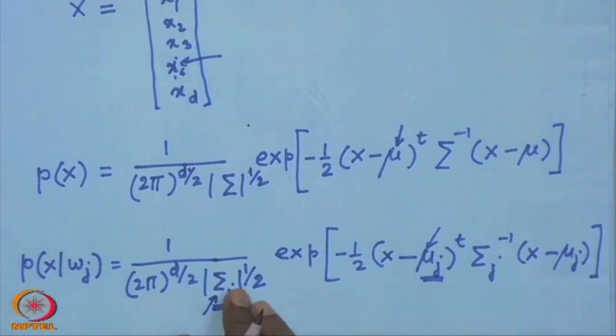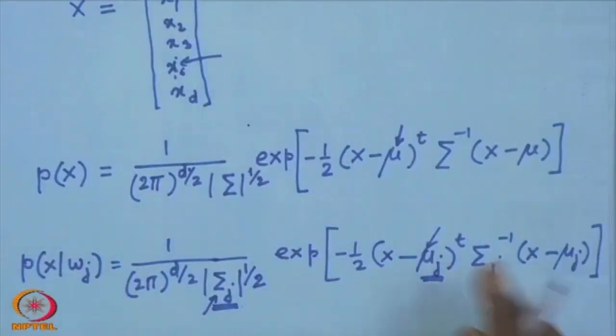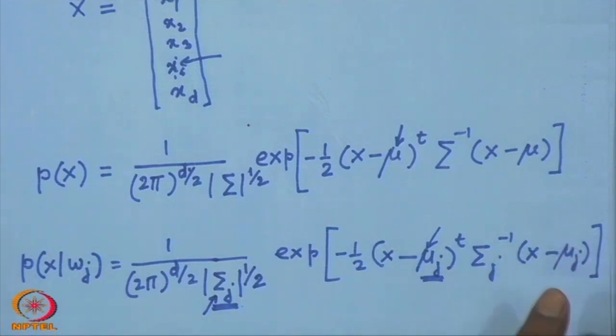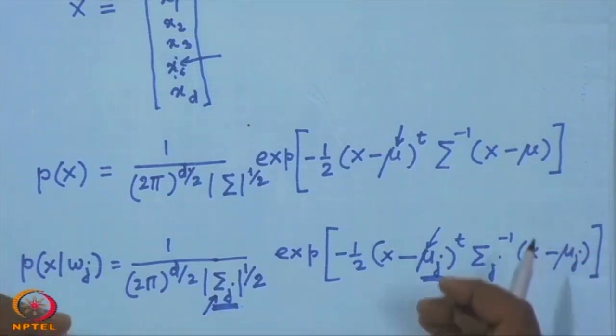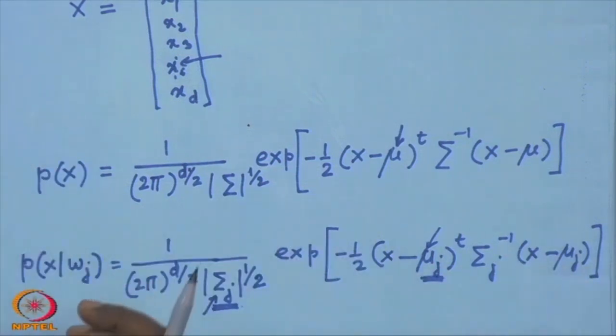So, whether it is this or it is this, these are called parametric expressions. So, the probability density function has a parametric form. And in our previous lecture, when we talked about the maximum likelihood estimate of parameter values, we assumed that the probability density function follows a parametric form.